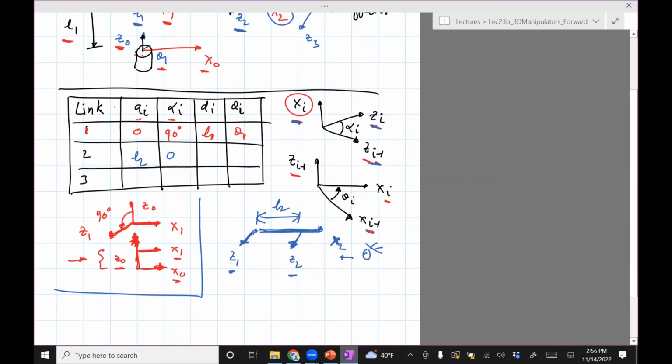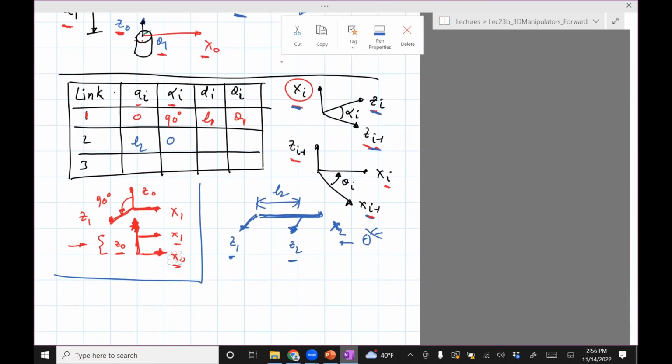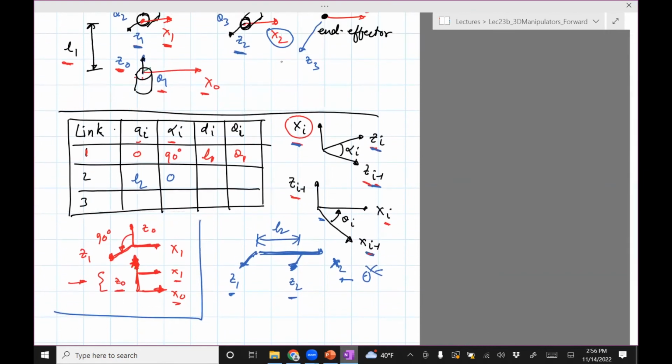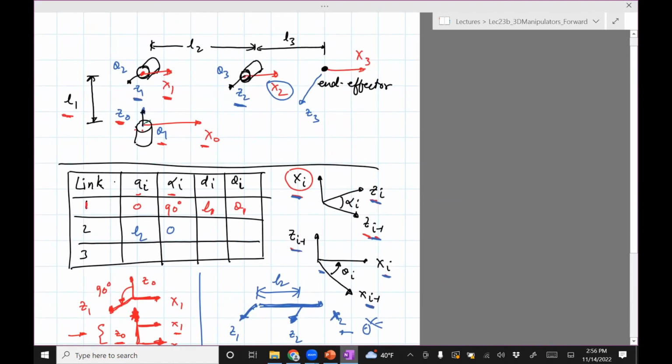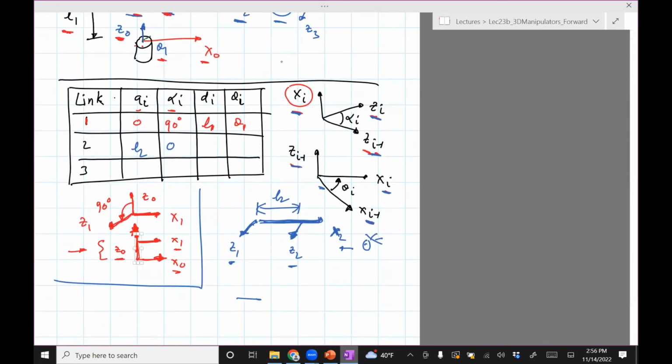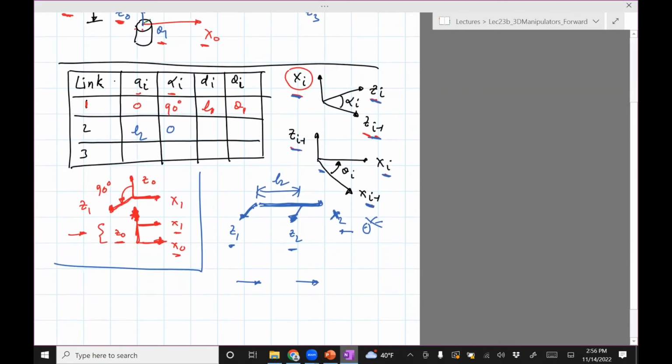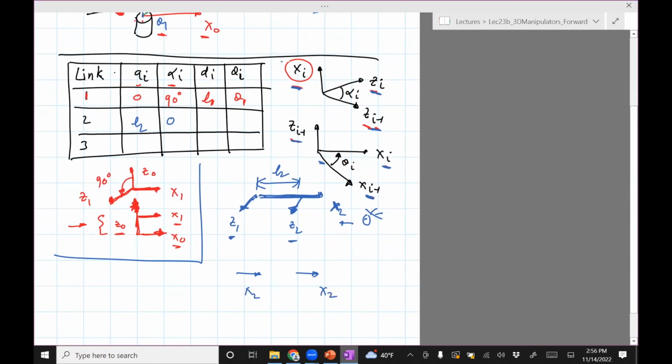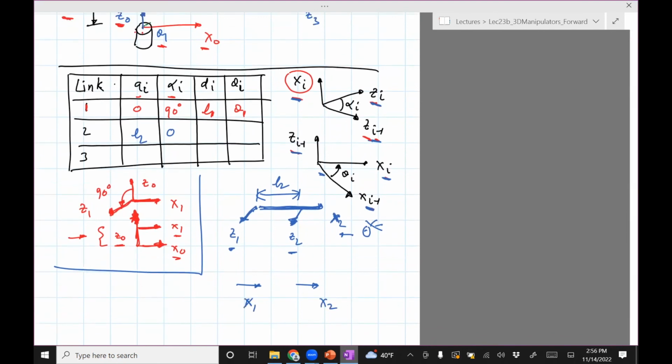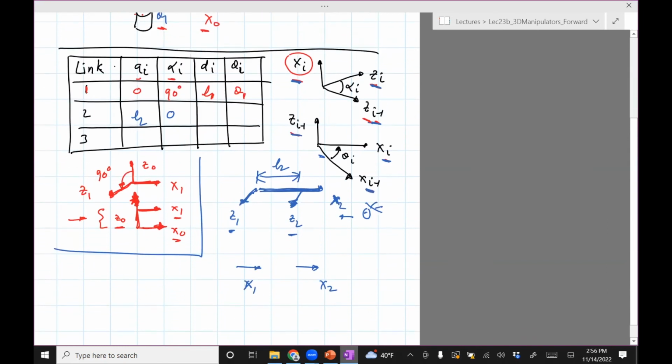Let's do the other one from this figure. So i equals 2: X1, X2, Z1. X1 is here, X2 is here, about Z1. So let's draw that. X1, X2, about Z1.